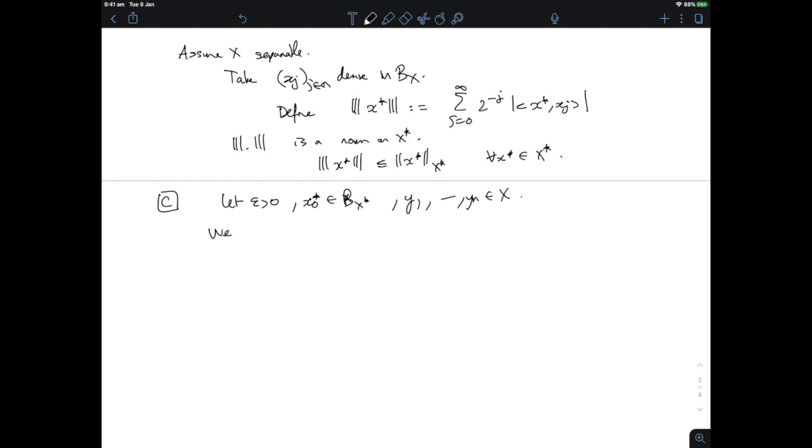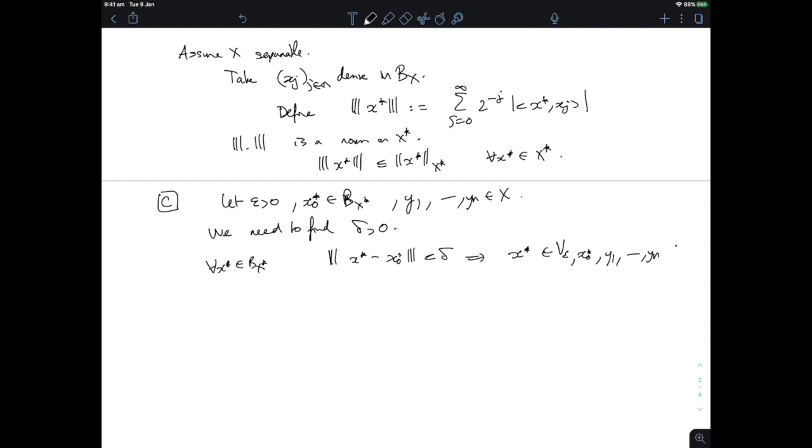We need to find a delta small enough to ensure that whenever in triple norm you're close to X naught star, then you are inside this neighborhood V(epsilon; X naught star; y_1, ..., y_n).